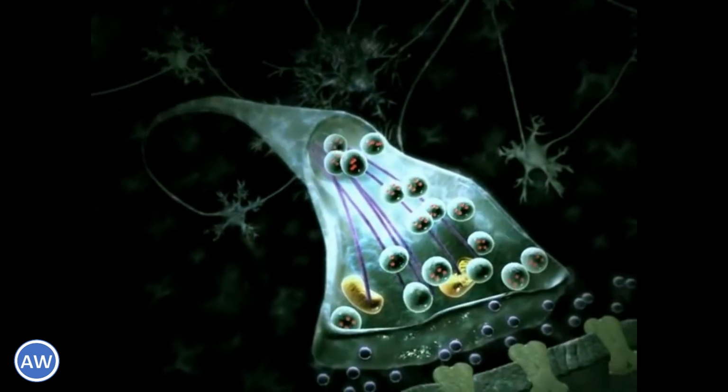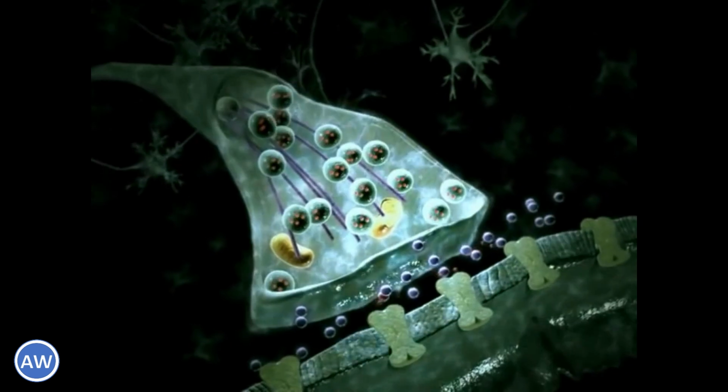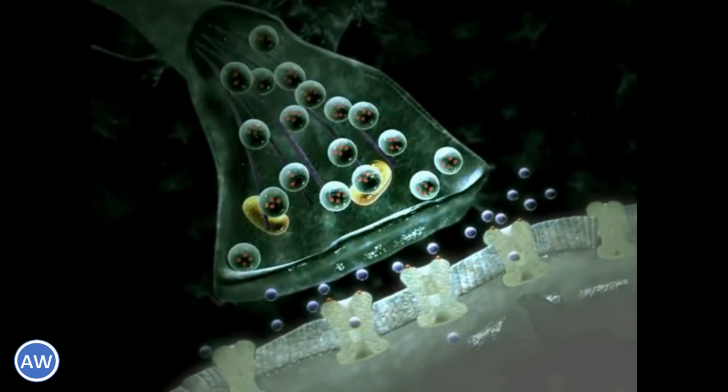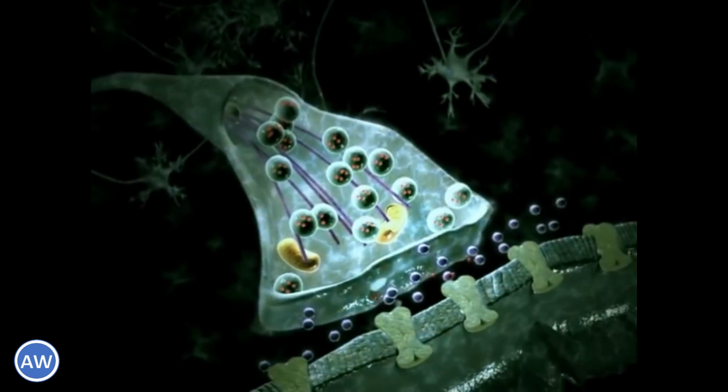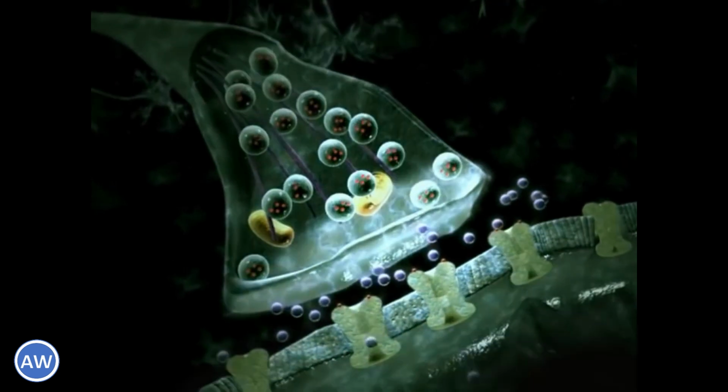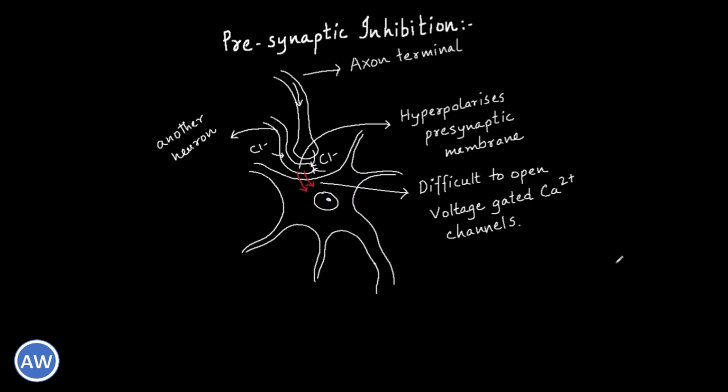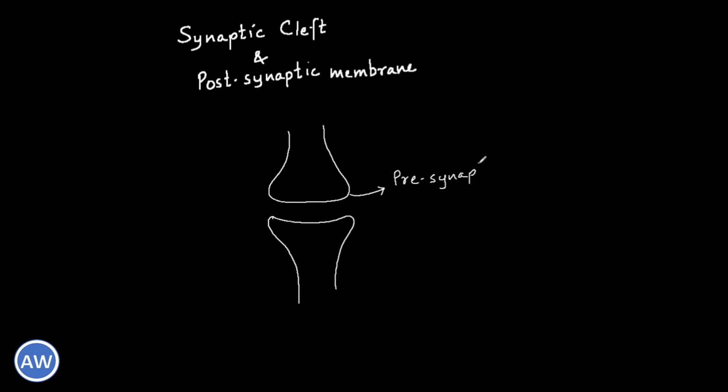We hope by now the anatomy and the functioning of an axon terminus and the presynaptic membrane is understood. So let us move a little more and discuss the synaptic cleft and the postsynaptic membrane. By now we know that the space located between the presynaptic membrane and the postsynaptic membrane is known as the synaptic cleft.